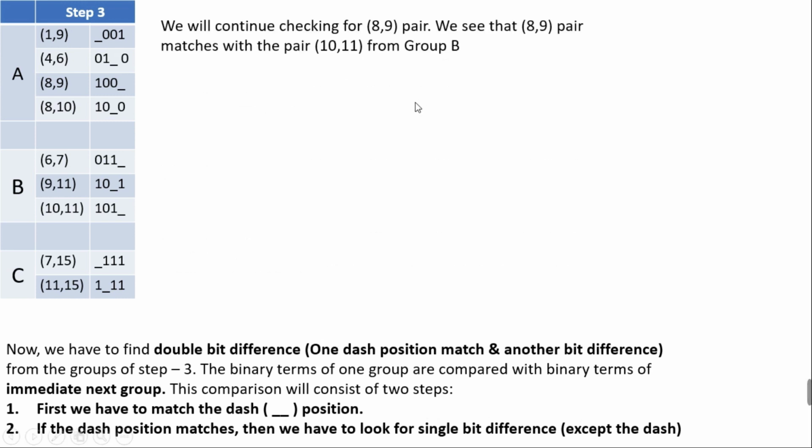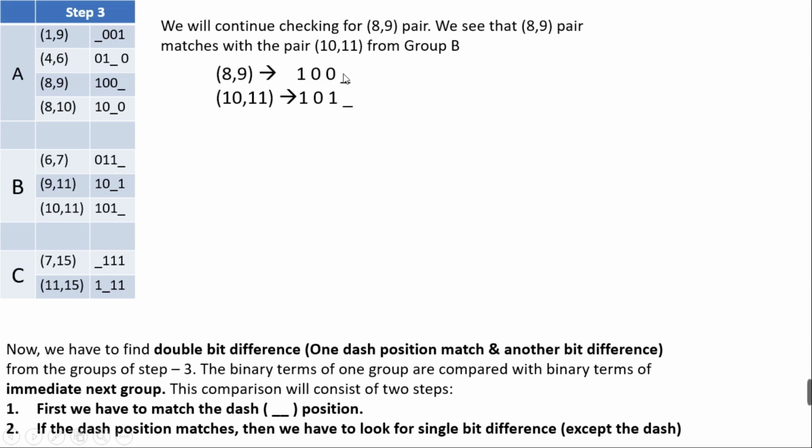We are going to continue the same thing for this 8 9 pair now, and we can see that if we continue our comparison, the 8 9 pair will actually match with the 10 11 pair over here. Let's see how it can be done. You can see the binaries, and the dash position actually matched right there.